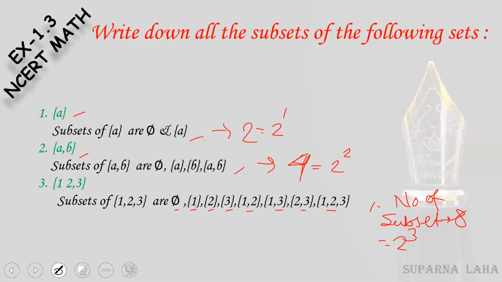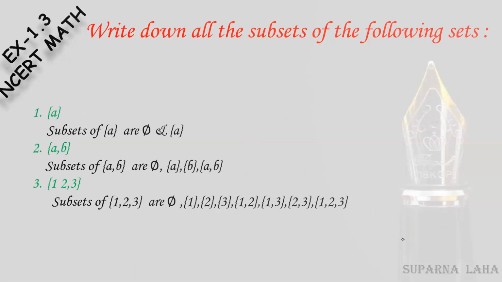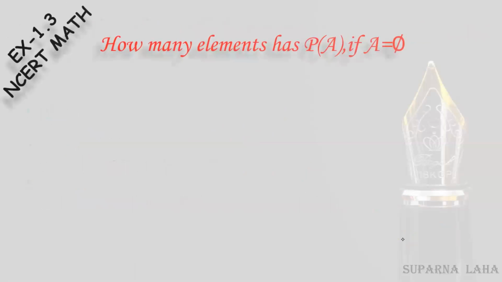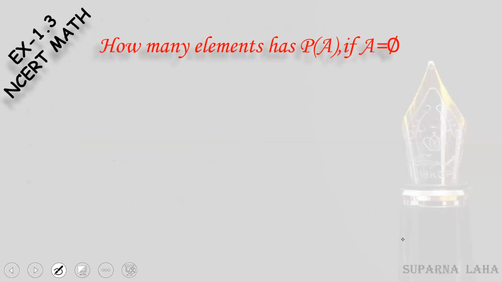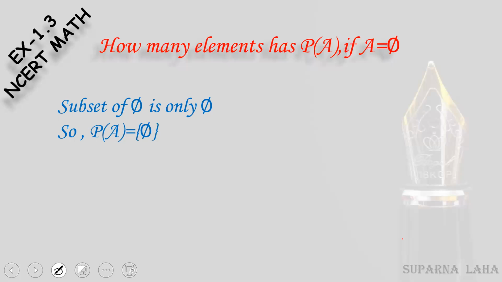So let's check the next one. How many elements does the power set P of A have if A is the empty set? How many elements has this power set when we consider the set is empty? That means it has only one subset, that is the null set itself. So the number of subsets of this A is just 1.